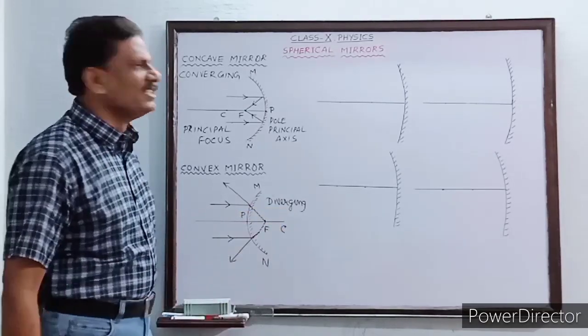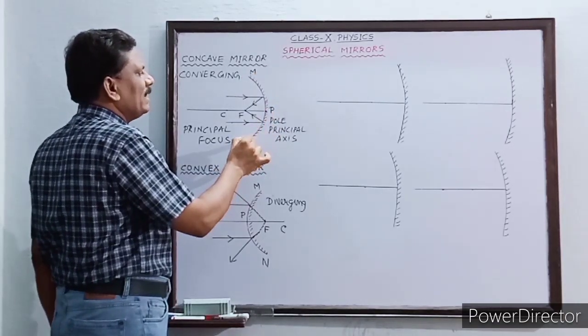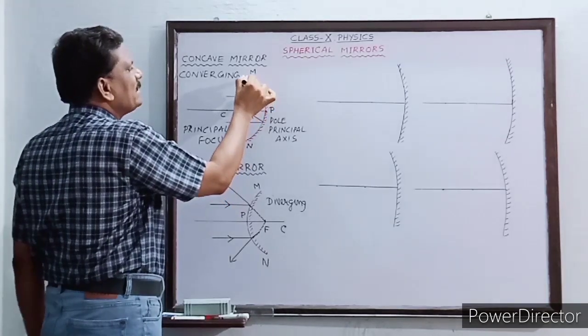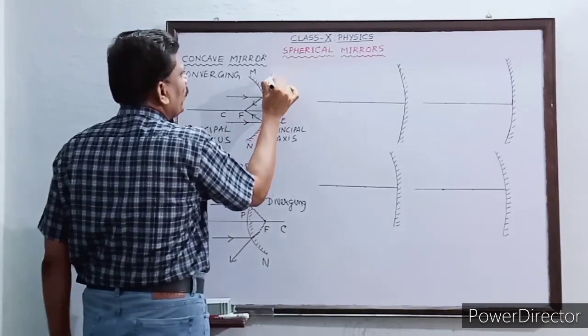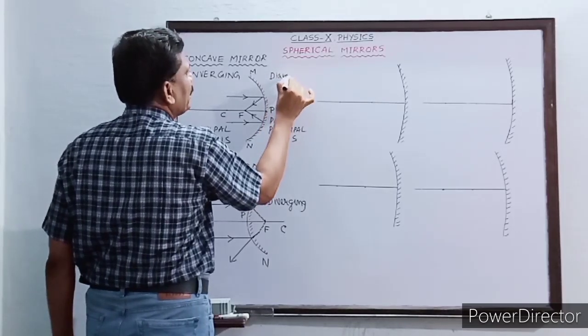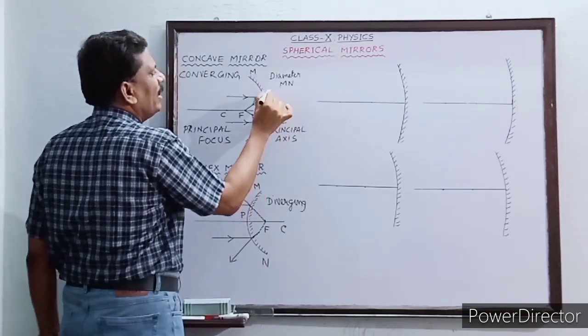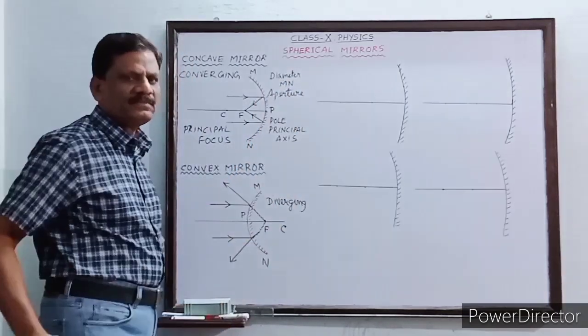Now, some other definitions you see. I said that MN is the reflecting surface, and if you measure the distance between M and N, the diameter of the mirror, MN, that is called by the name aperture of the mirror.